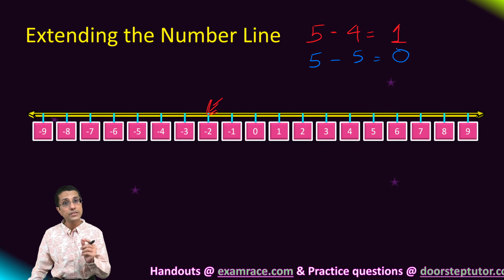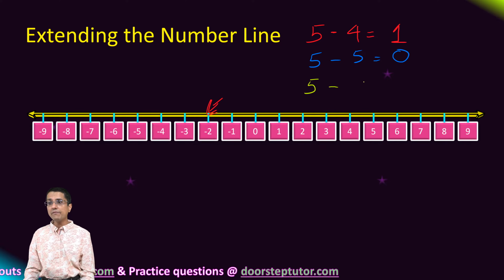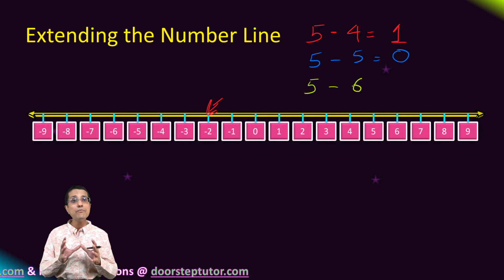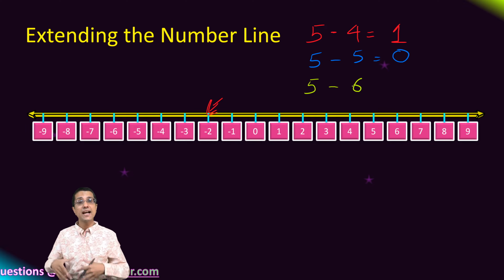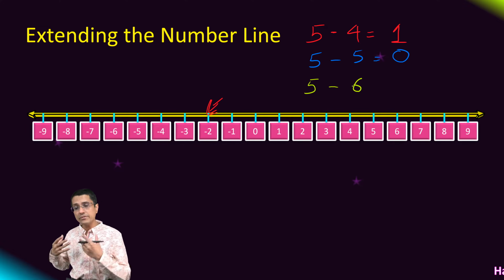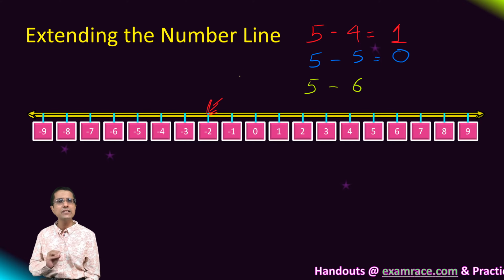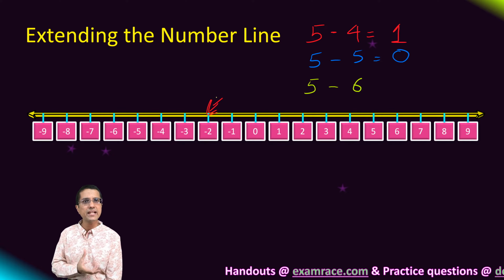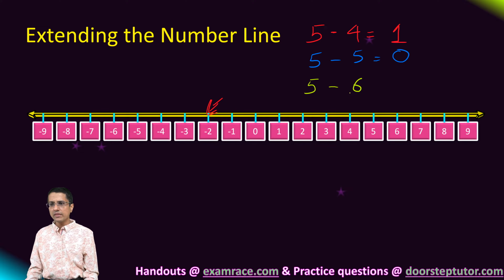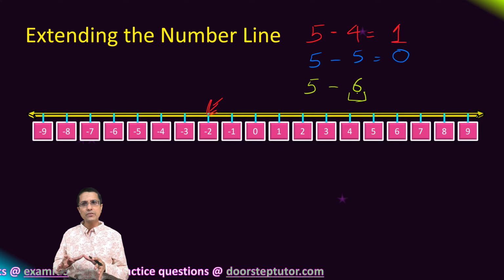What happens if I really have an emergency and for some reason I need 6 rupees? I only have 5 rupees in my bank account, but I need 6 rupees for setting up some industry, for some medical emergency, for something. What should the bank do in that case? The banks don't say, don't withdraw 6 rupees.